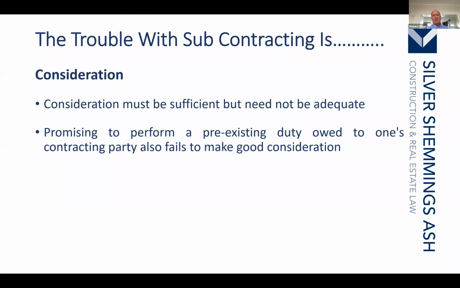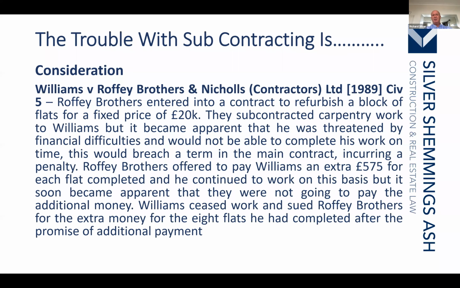Now, in the case of Williams versus Roffey Brothers, this concerned subcontracting works for carpentry. And what the main contractor did was to ask the subcontractor to undertake the works that were under the original contract. So there was a contract, and the carpenter had to finish certain works by, let's just say, the end of next week.